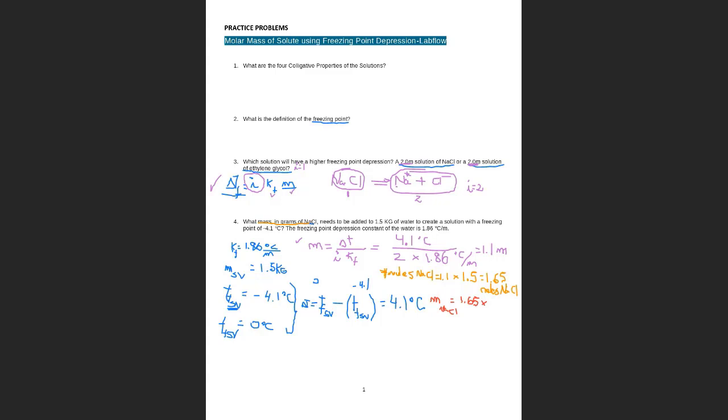The molar mass, I have it. 58.5? Okay, 58.44 grams per mole. And this is moles. So the solution for this problem, the mass, it will be 97 grams.